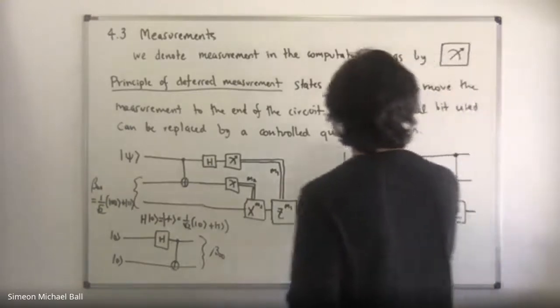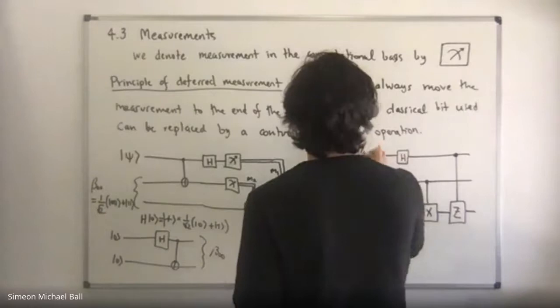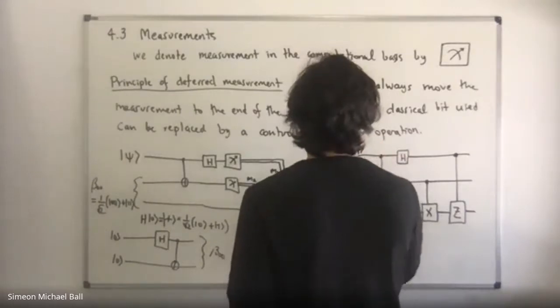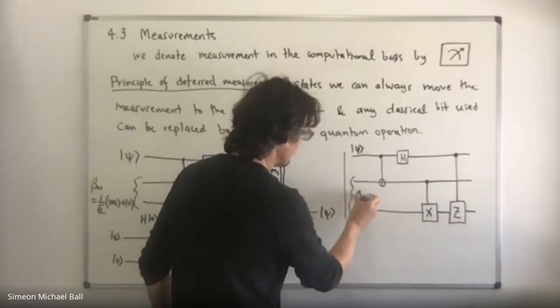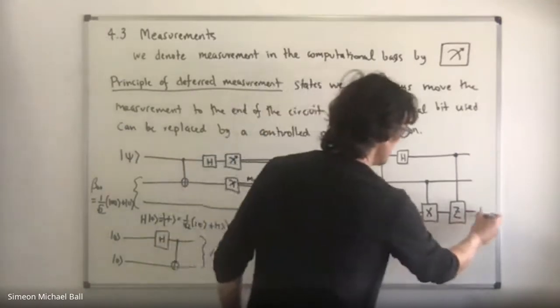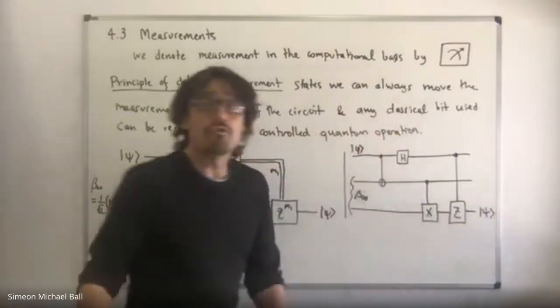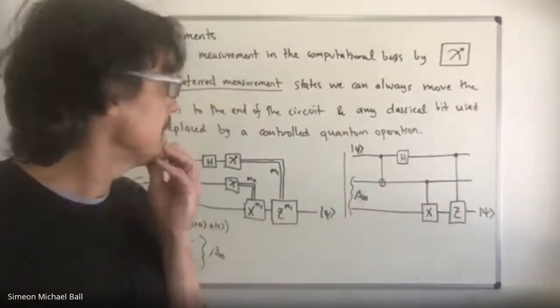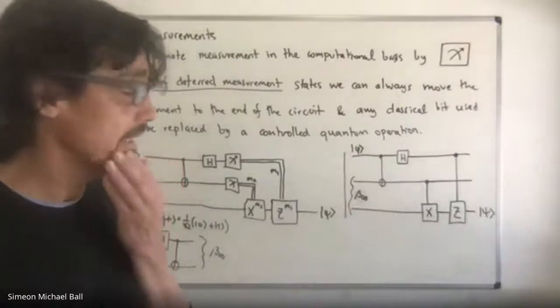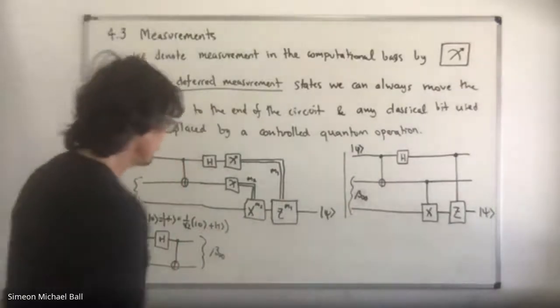And what should happen is that if we start off with psi here and B00, at the end here we should end up with psi, regardless of what's happening in the other two bits. Okay, so let's just check that.